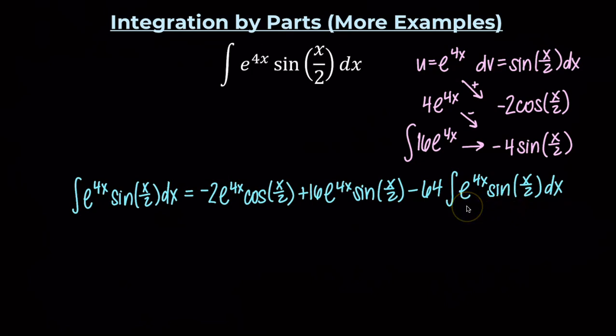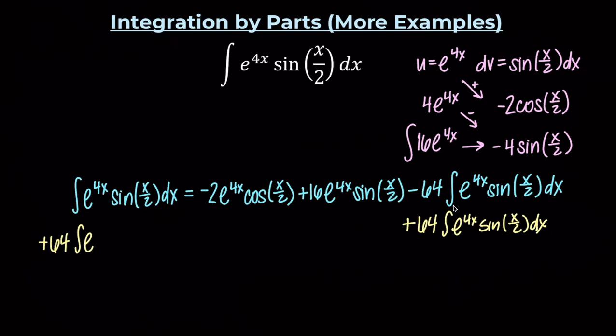Now what we want to notice is that we went in a circle. Our original integrand, e to the 4x sine of x over 2, is over here too. So the strategy is that we add 64 times the integral of e to the 4x sine of x over 2 to both sides of this equation.